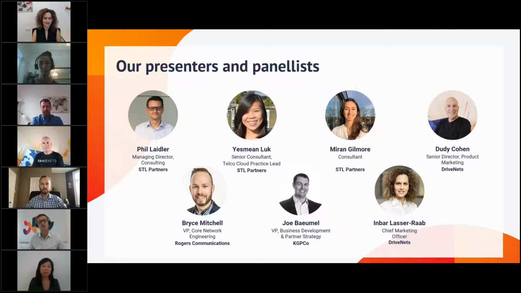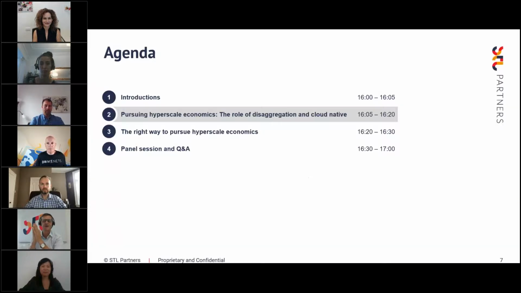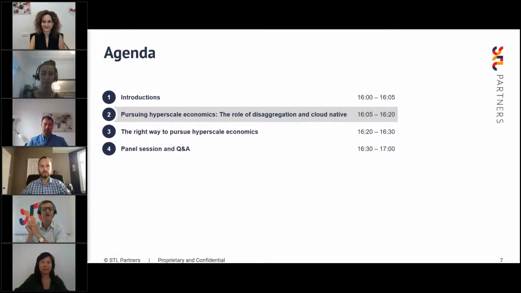Then we're going to have a panel session where we'll be joined by Bryce Mitchell from Rogers Communications, by Joe Beimel from KGP Co, a systems integrator that specializes in introducing cloud native networking to clients, and by Inbar Lasarab from DriveNets. So that's the lineup for today. I'm going to ask my colleagues Yasmin and Miran to kick off and share the results from our recent study into hyperscale economics. Over to you, Yasmin.